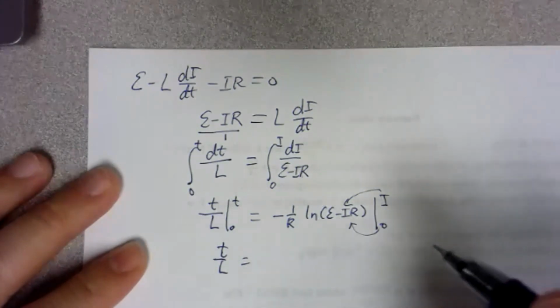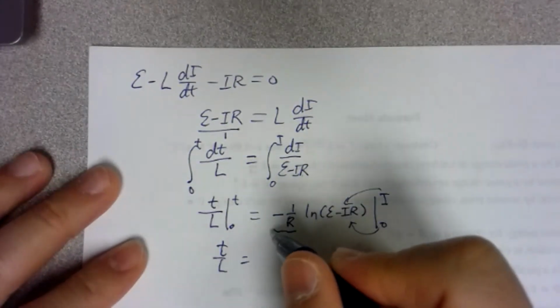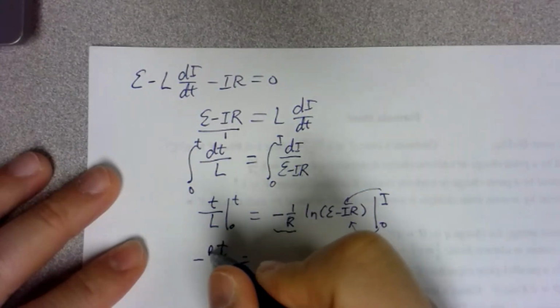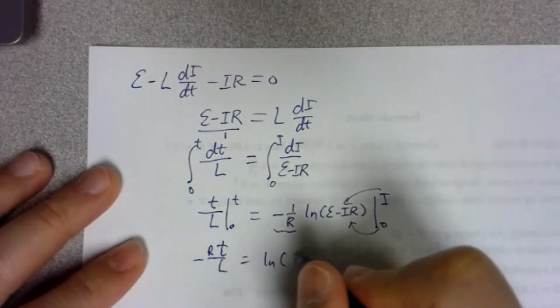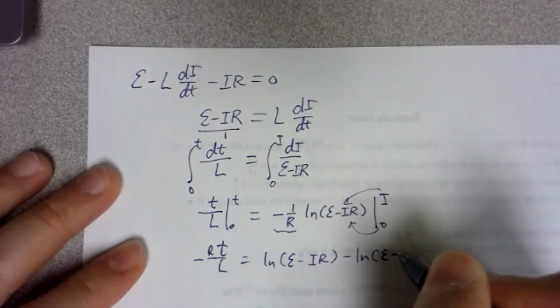On this side you plug in this limit and subtract the other. We can also move the factor to the other side of the equation, so it becomes minus R t over L. Then we have the natural logarithm of epsilon minus IR minus the natural logarithm of epsilon minus 0.